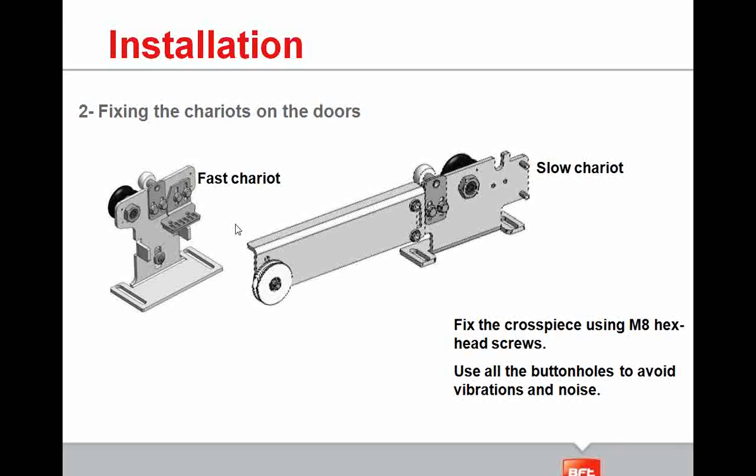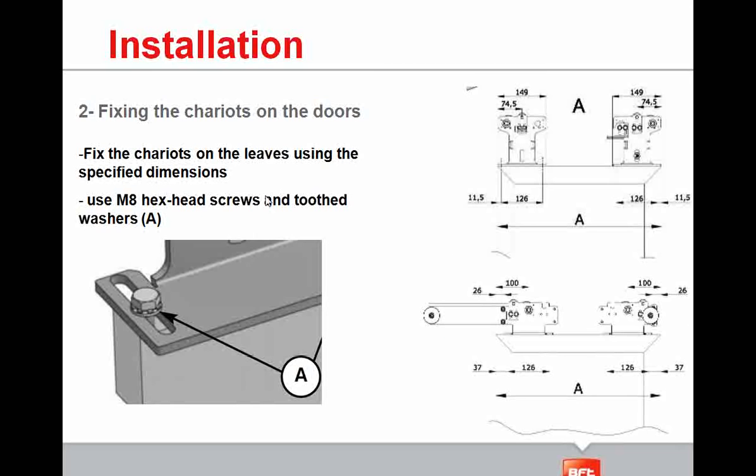To fix the door to the chariot, you have to do like this picture. By using the specific screws, you fix the chariot on the door. It is important to follow the correct dimension and the correct space between one and the other. All this information is right in the instruction manual, and it is simple to follow.